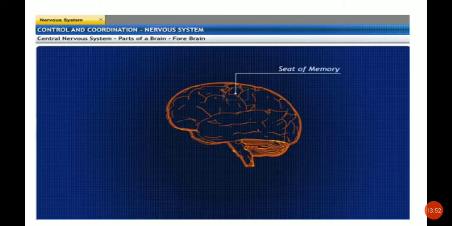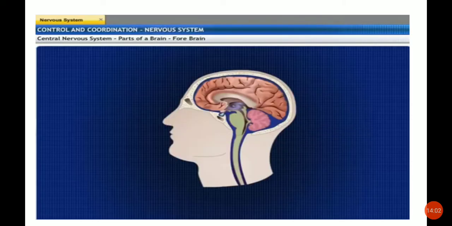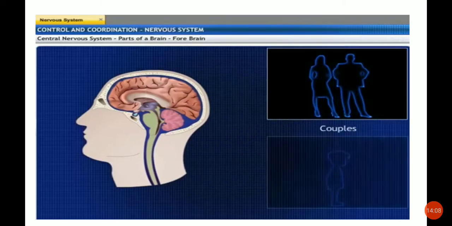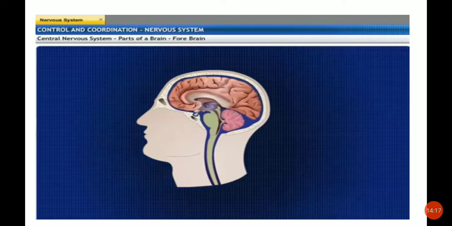Cerebrum is the seat of memory, intelligence, and sensory centers like hearing, smell, and sight. Diencephalon consists of thalamus and hypothalamus. The thalamus plays a major role in regulating arousal and the level of awareness.